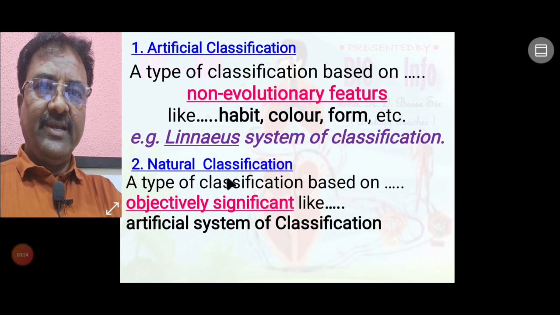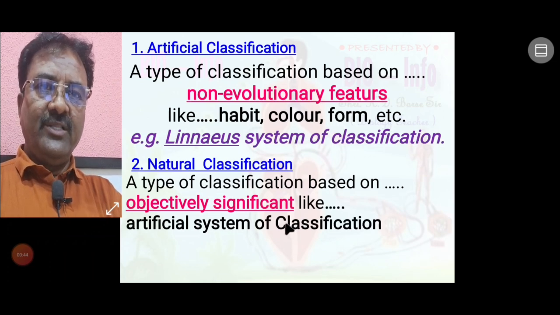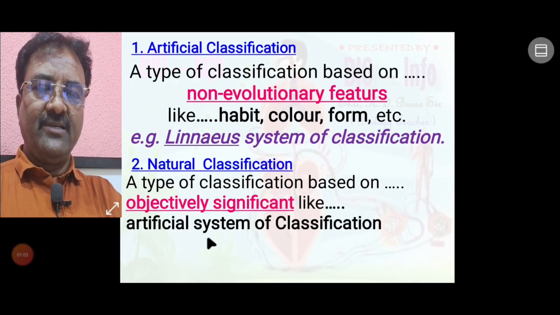In this classification the base is objectively significant, like habit, color and form as in artificial classification. So this type of classification is also not supported by evolution theory. It is only based on objectively significant characters like the artificial system, and is called natural classification.